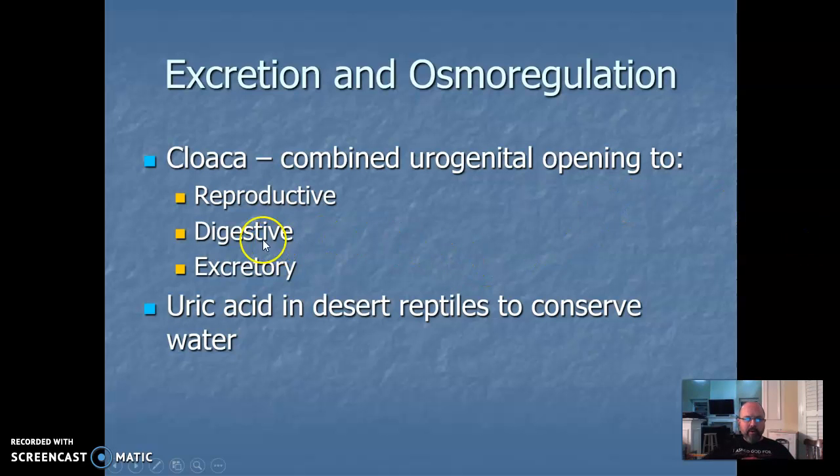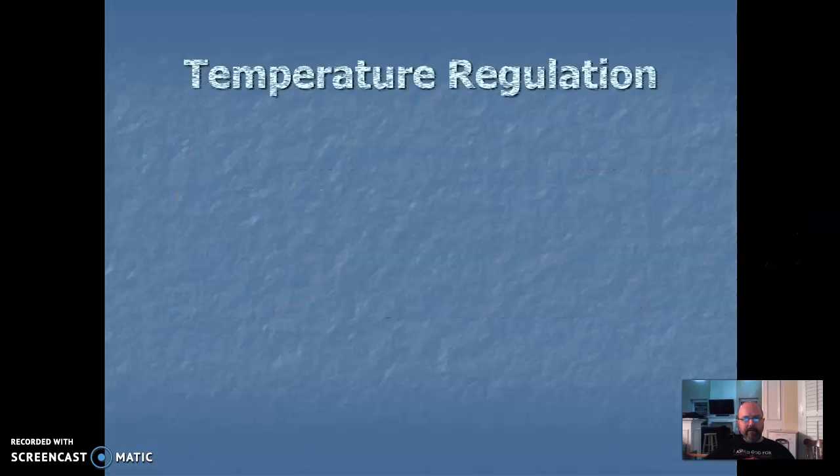Because it's coming out of one opening, the brown part is the digestive waste, and the white is the excretory waste, which is analogous to urine. And this is a way for them to conserve water. They're not urinating like mammals do, which gets rid of a lot of water in addition to the nitrogenous waste.